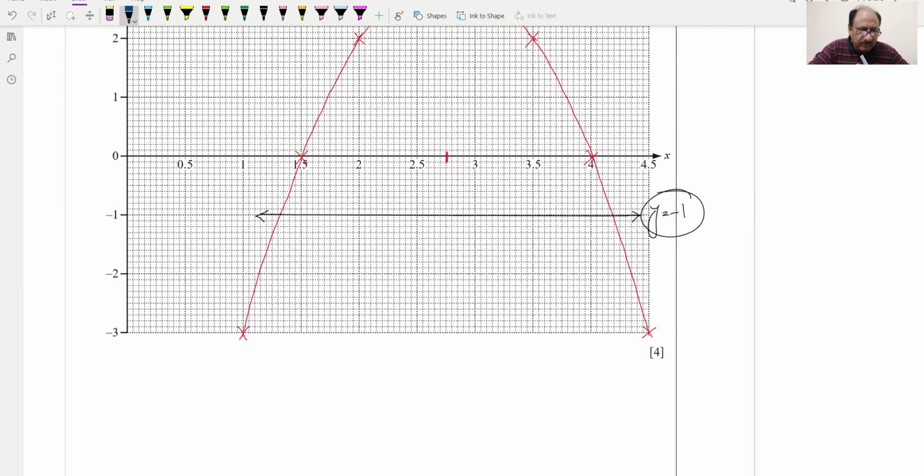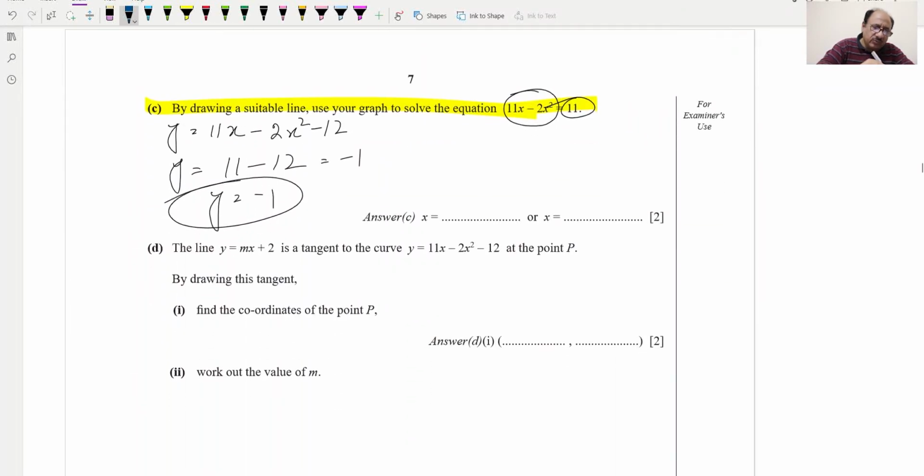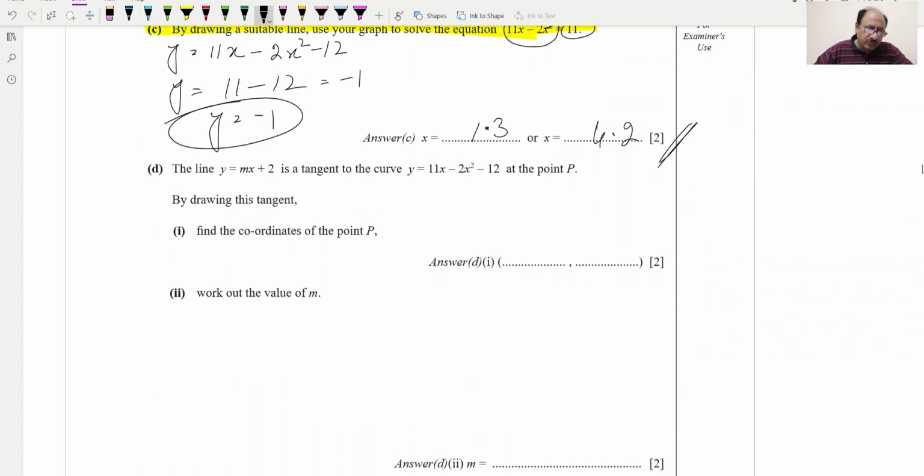We can draw from here, this will be the x value, and from this side this will be the x value. This will be 1.3, and this one will be 4.2. We can write this answer over here. These are the x values, 1.3 and 4.2. We have indicated on the graph also. Hopefully you are understanding, and this was a 2 mark question which we have done.